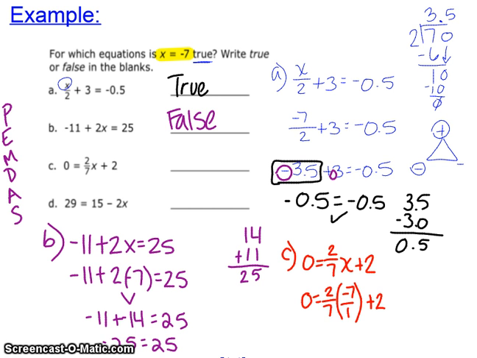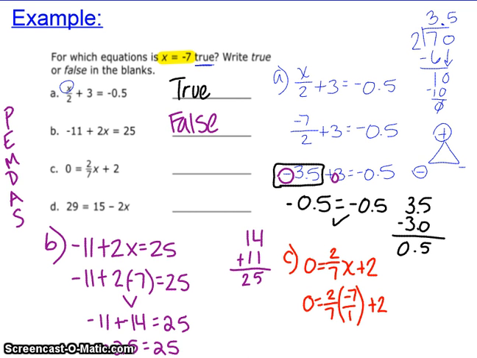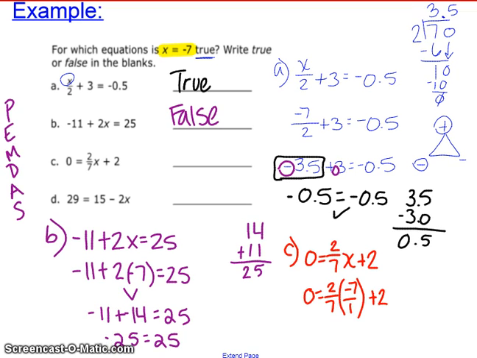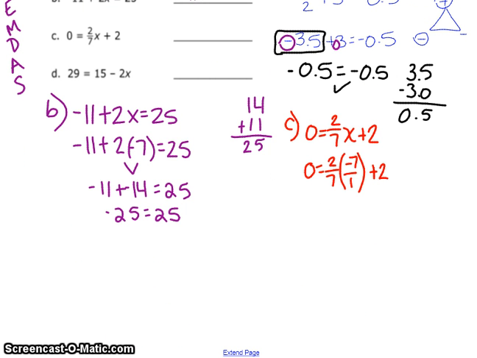So in order for me to do this, what I have to do is multiply my fractions. So I have 0 is equal to, well, I just multiply my fractions straight across. So I know that 2 times negative 7 is just negative 14.